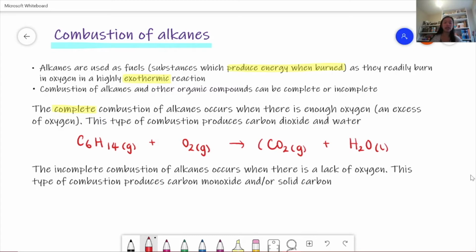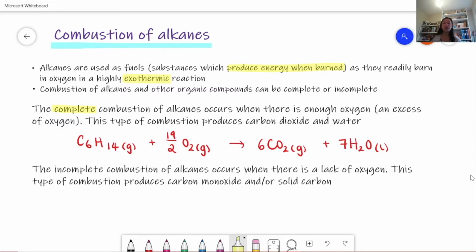So you've got 6 carbons and you've got 14 hydrogens on the left. So that means we need 7 waters on the right. And you've got 12 plus 7 is 19 oxygens on the right. And so we have 19 over 2 oxygens. And this would be an equation for complete combustion because we're producing carbon dioxide and water.